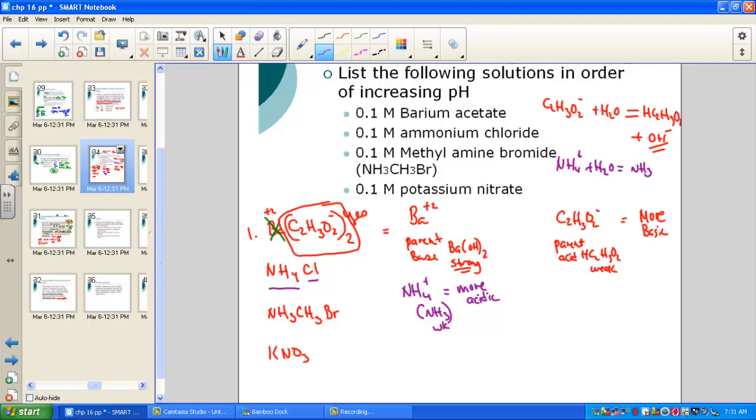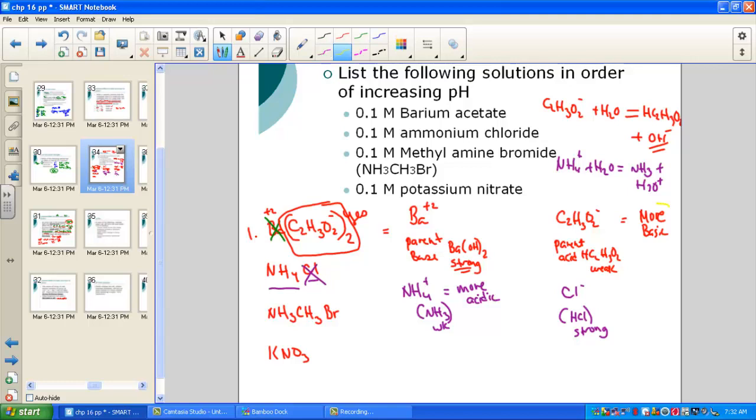Forming its conjugate ammonia and the acid ion, hydronium. Put the proton back on the water, it's going to become more acidic. How about the negative ion, chloride? Well, Cl negative has a parent acid, HCl, which we recognize as strong, so therefore we know no effect. Ammonium is going to end up to be more acidic.